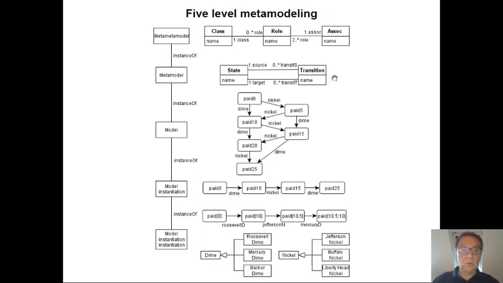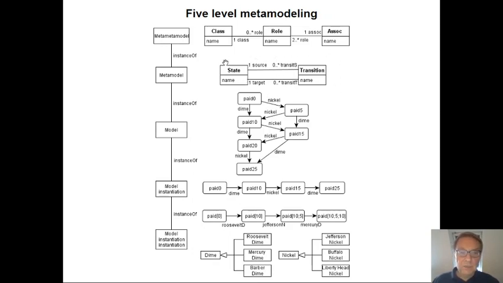And so when you look at this from an abstract point of view, you say, well, we have classes here, namely the class state and transition. We have roles: source, transit, target. These are the roles. And we have associations, namely we have 2 associations.